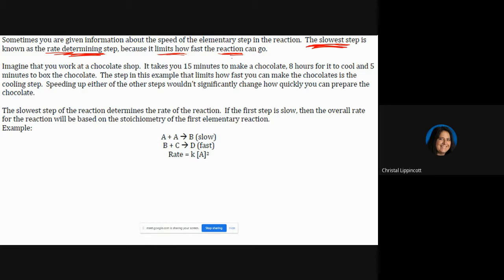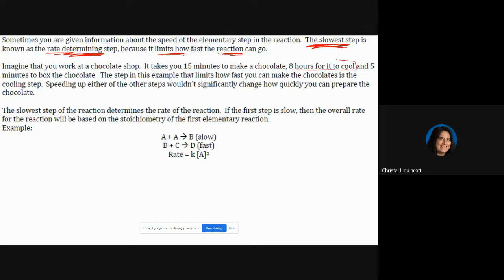So if we look at what's involved there, that's going to determine how fast our reaction is going to proceed. Okay, so here they've got an example with chocolate. It takes 15 minutes to make the chocolate, 8 hours for it to cool, and 5 minutes to box it. So which step is going to take the longest? The cooling.